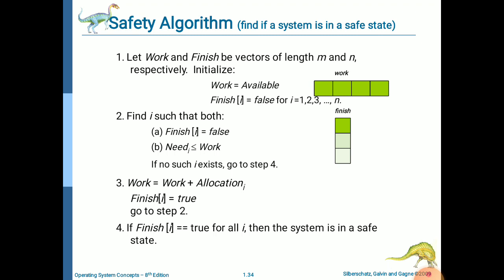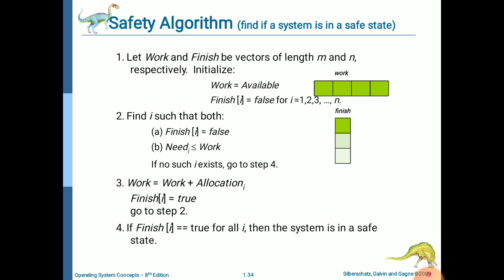Finish of i equal to false and need of i is less than or equal to work. If this is the case, then you go to the next step. Otherwise, if no such i exists, then go to step 4.